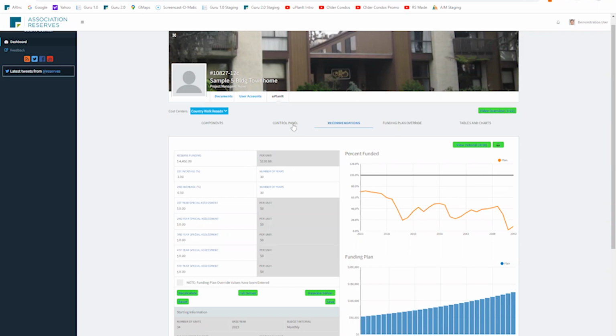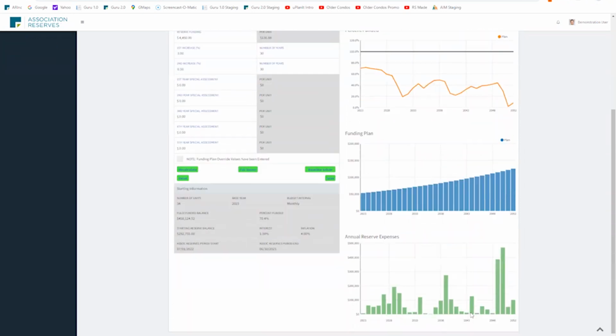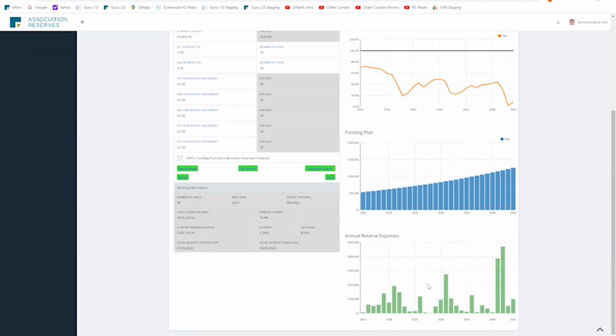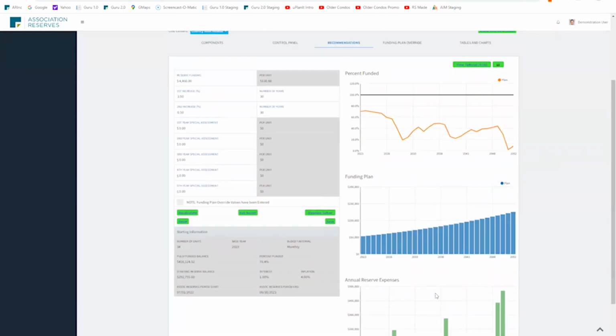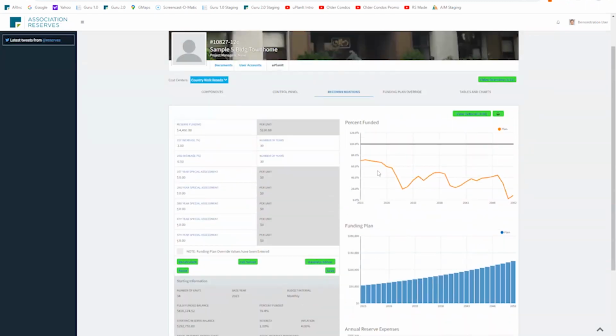For a 1-point change in inflation, it's going to affect your funding by about 20+%. That's just the way it is. When all these expenses get bigger, even by a little bit, it's going to change your funding requirements a lot. And that's why we try to be real stable with the use of our inflation factors.